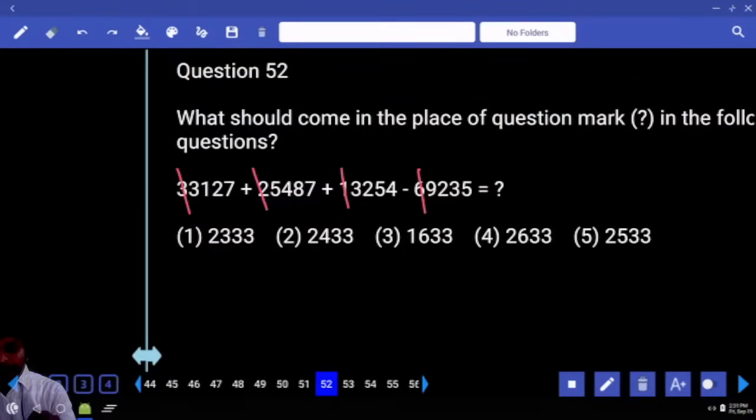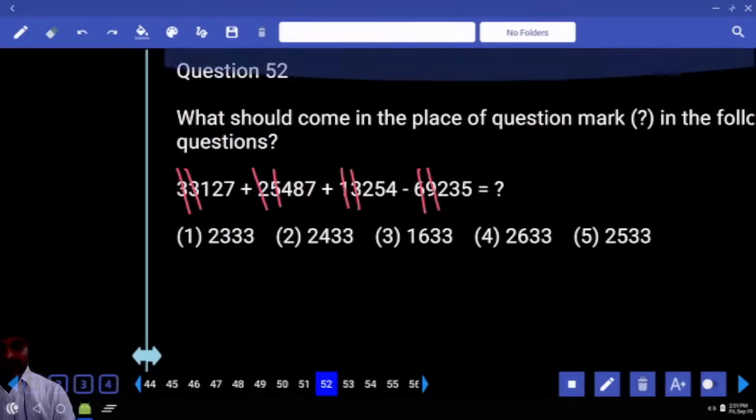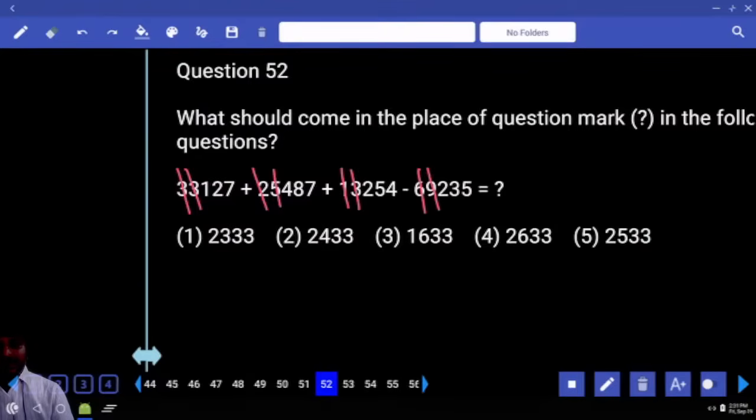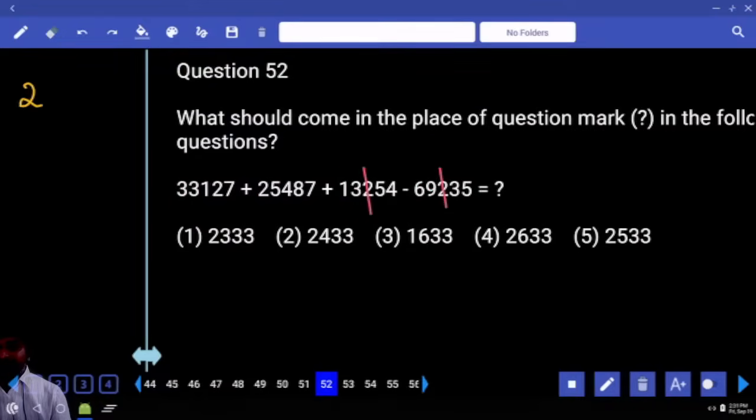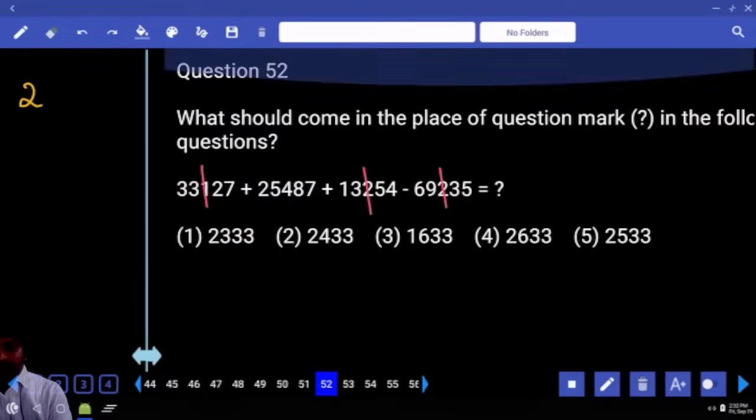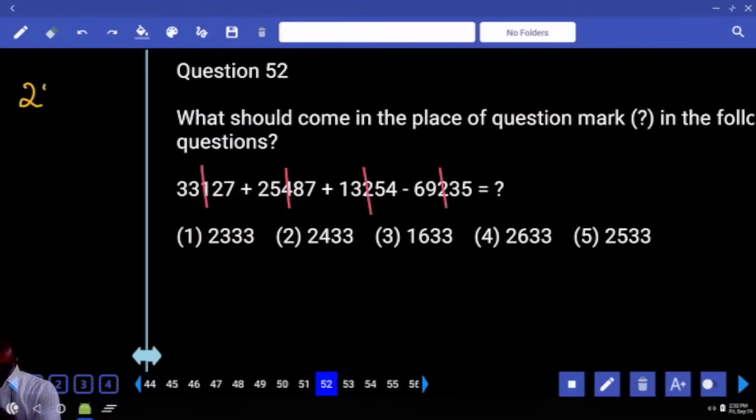Is that fine? 3,000, 5,000, 8,000 plus 3,000 is 12,000, 11,000 minus 9,000, 2,000 is left. Plus 200 minus 200 cancel. 100 plus 400 is 500. Last two digits: 35 subtracted from this.